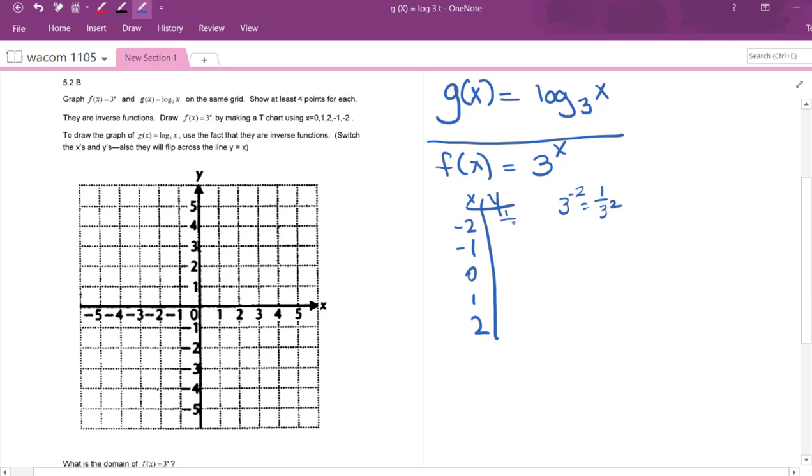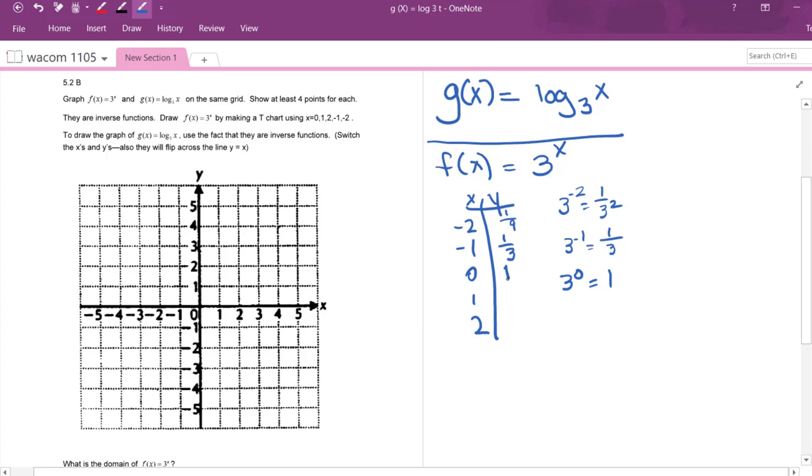Very tiny. 3 to the -1 is 1 over 3 to the first, which is 1/3. So also tiny, but a little bigger. 3 to the 0, which is 1.